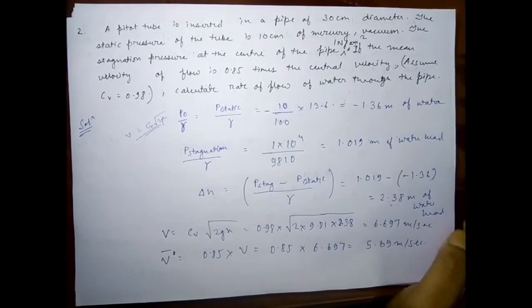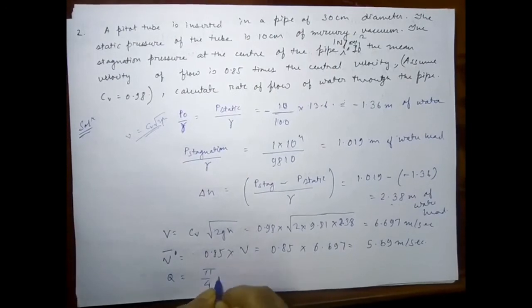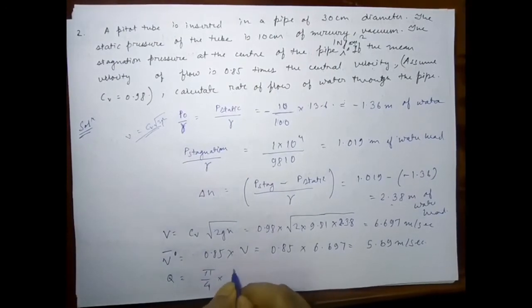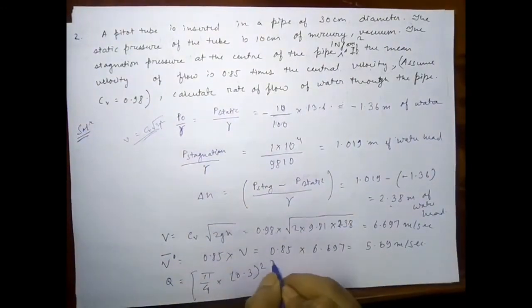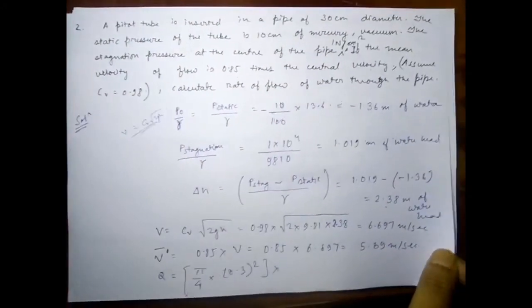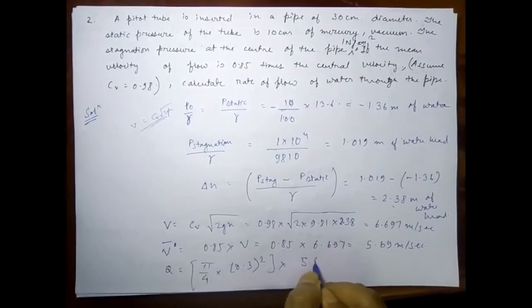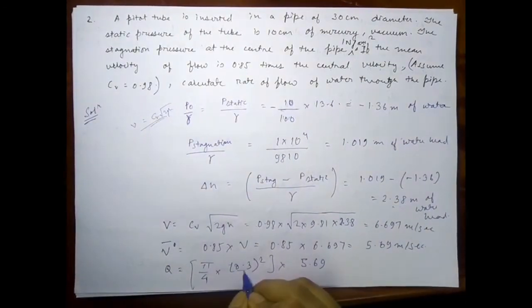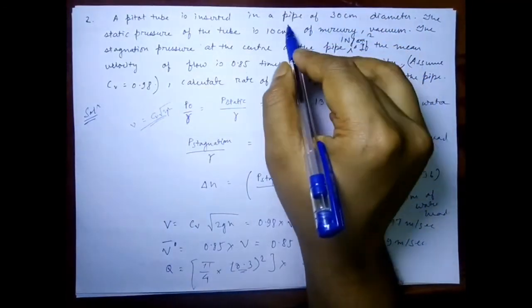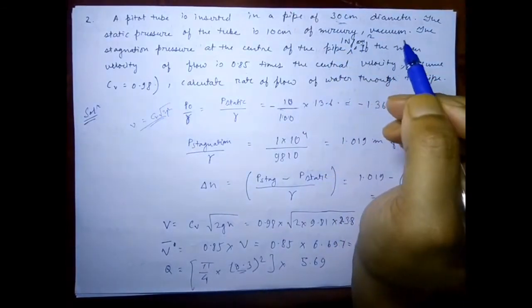So finally the discharge will be Q is equal to pi by 4 times 0.3 square, this is the area, times the mean velocity, that is 5.69, and this is 0.3 because the diameter of the pipe is given as 30 centimeter.